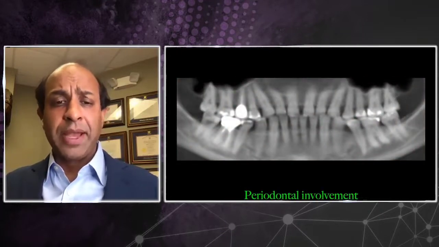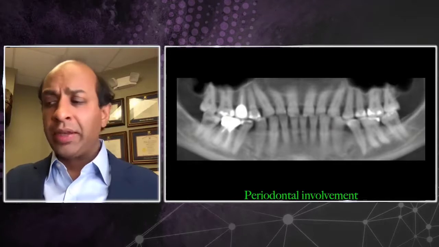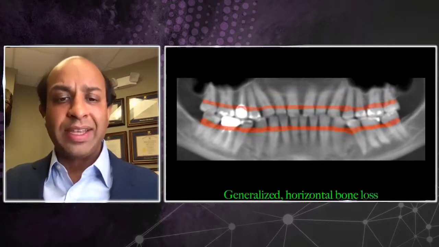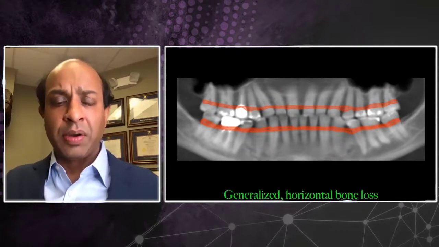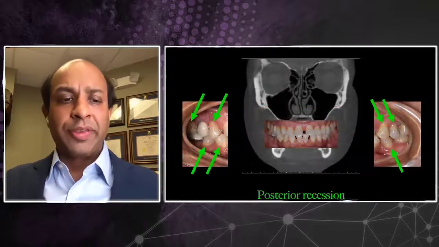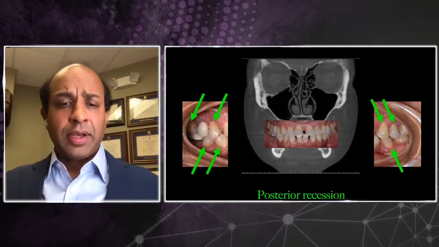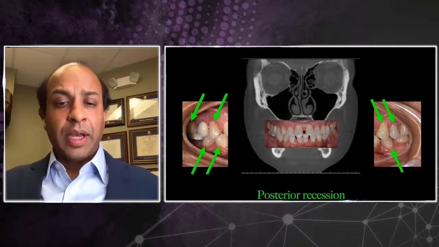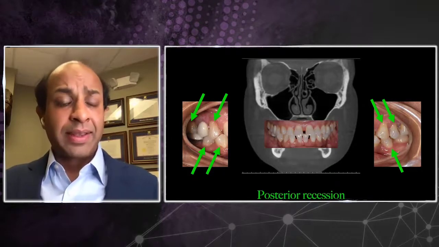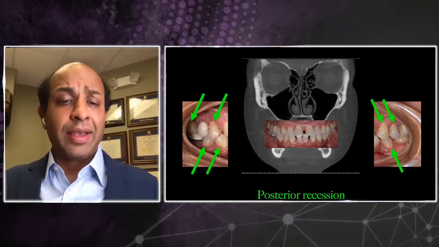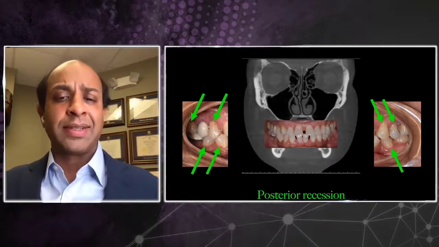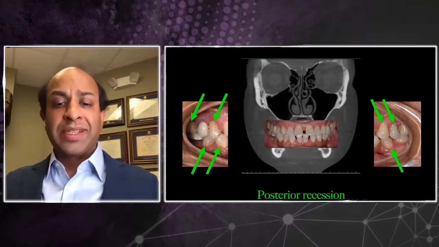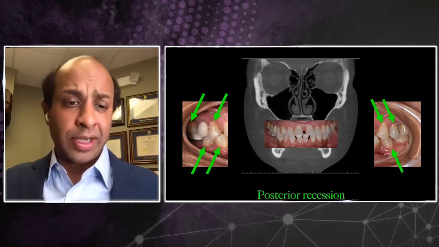If we take a look at the panorex and zoom in a little bit closer, what we can see is that there's generalized horizontal bone loss. And with the periodontal history of what the restorative dentist had said about the fact that she had good oral hygiene practices at home, this would be something that's certainly concerning.